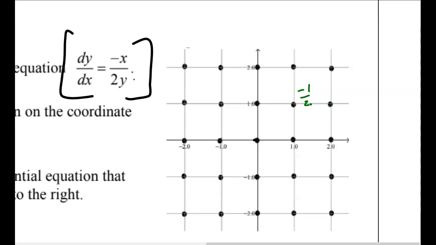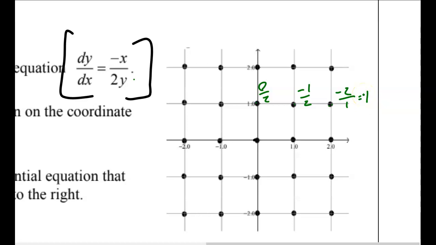Let's pick another point. So (0, 1) means I get 0 over 2. Then (2, 1) means I get negative 2 over 2, which is negative 1.